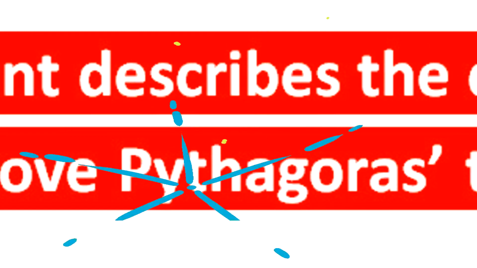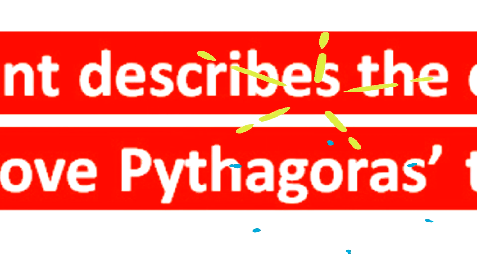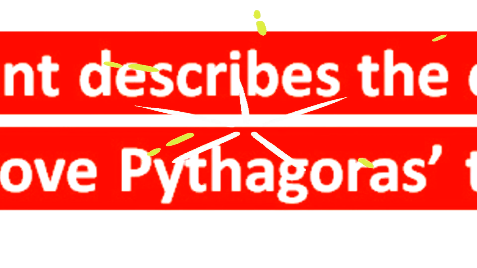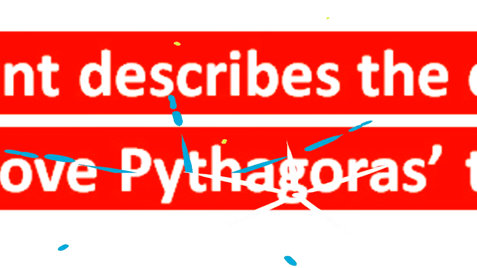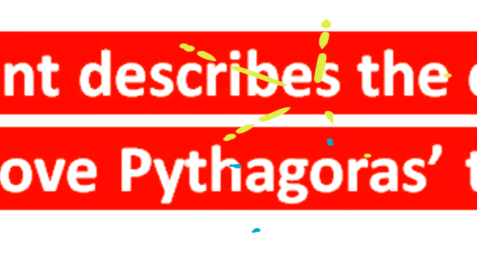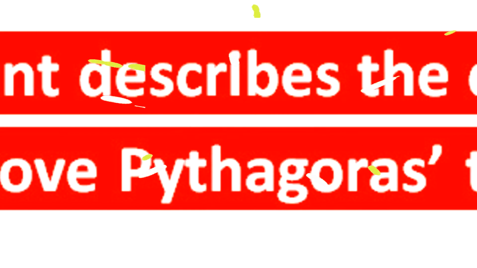To prove the Pythagorean theorem, we can use different methods, such as geometric or algebraic proofs. One popular geometric proof is the one involving squares. Here's a simplified explanation. Start with a right-angled triangle. Draw squares on each side of the triangle.